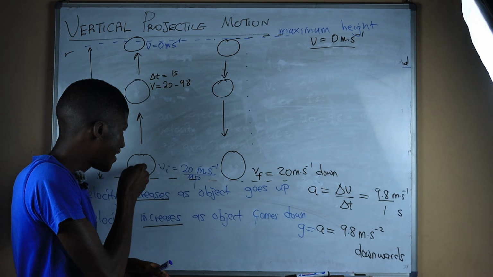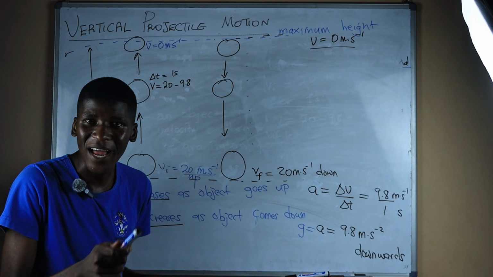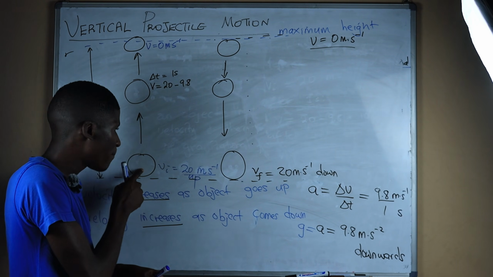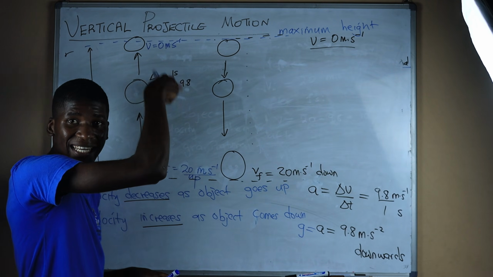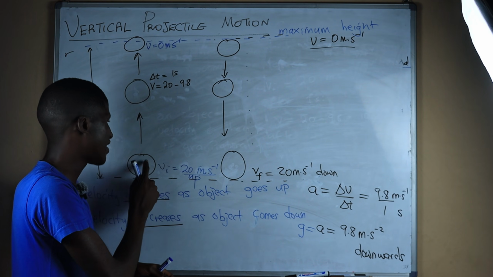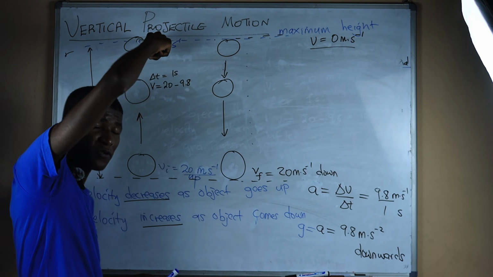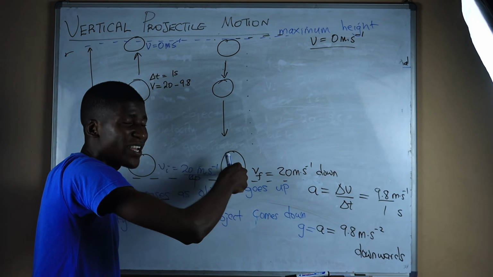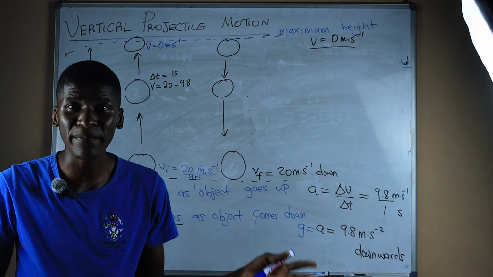So the velocity here and the velocity here is equal, because these are the same position where the ball went up and came back. So if it has lost 20 meters per second going up to the maximum height, when it comes back down from the maximum height to where it started, it will gain the same amount.